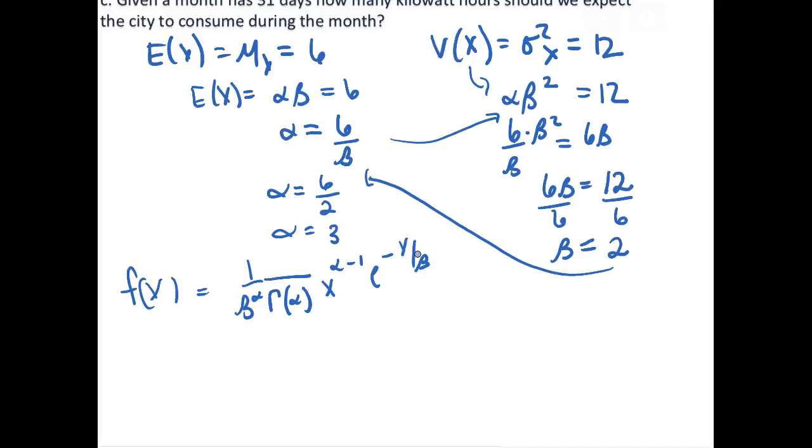Since we know alpha and beta, we can plug these in to get the gamma PDF. So this is 1 over 2 cubed gamma of 3, x to the second power, because that's 3 minus 1, e to the negative x over 2. This will be our probability density function when x is greater than 0.